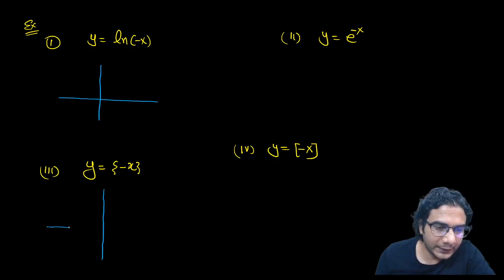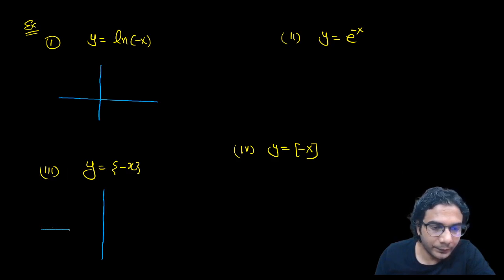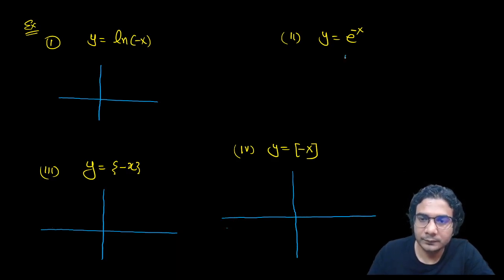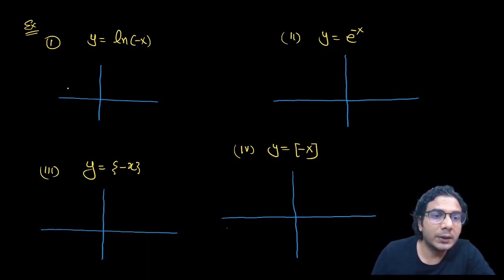That means in the third case, we'll plot the graph of y is equal to the fractional part of x, and then we will plot y is equal to the fractional part of minus x. So the base graphs are y is equal to e raised to x, y is equal to ln x, and y is equal to the fractional part of x. I will plot with white color.